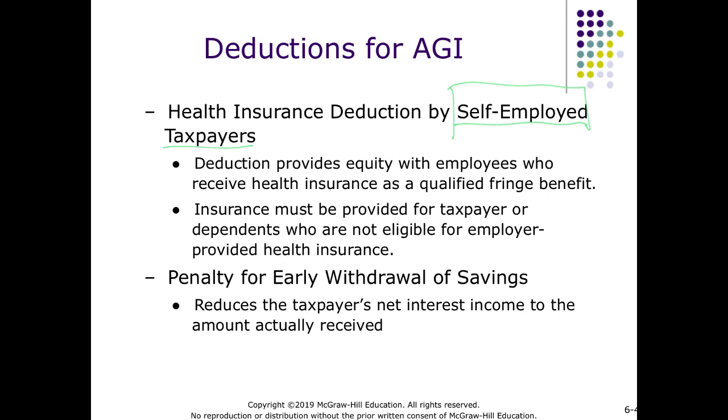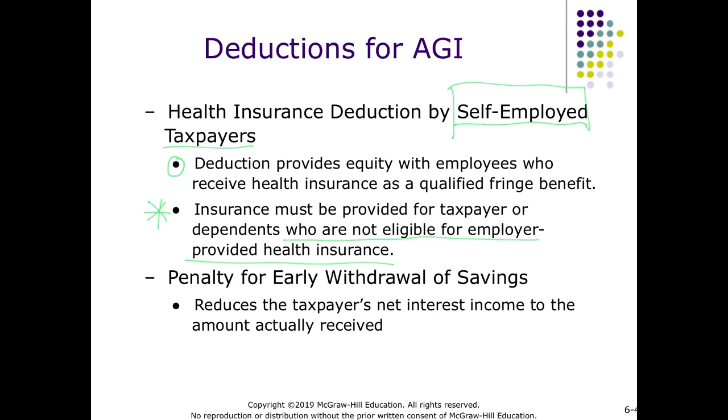Now, the reason for this benefit is that it provides some level of parity, okay, with employees, all right, who receive health insurance as a qualified fringe benefit from their employer, all right? It is very important to know that in order to qualify for the for AGI deduction of your health insurance premiums, you must not be eligible for employer-provided health insurance, okay?